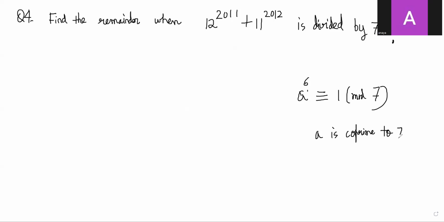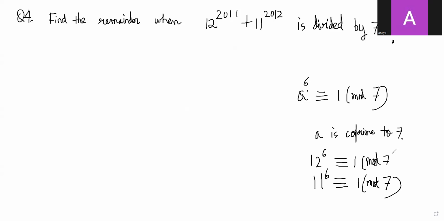We can't say anything directly about 2012, because it's not a multiple of 6. But both 11 and 12 are co-prime with 7, so we can apply Fermat's theorem to both cases and get this much at least.